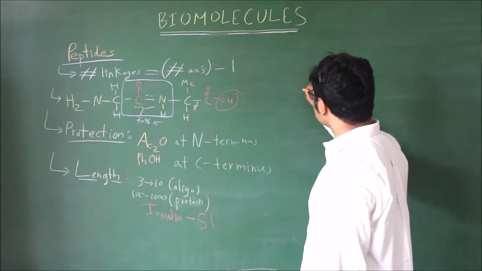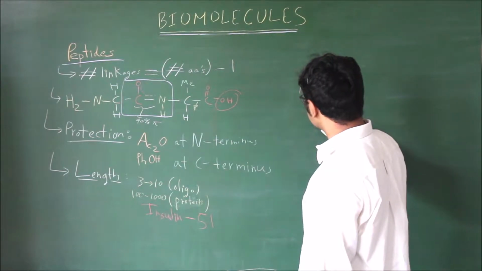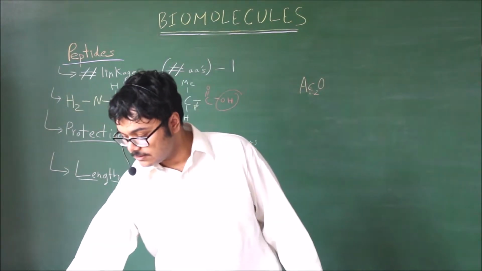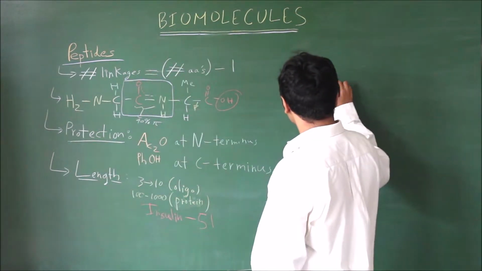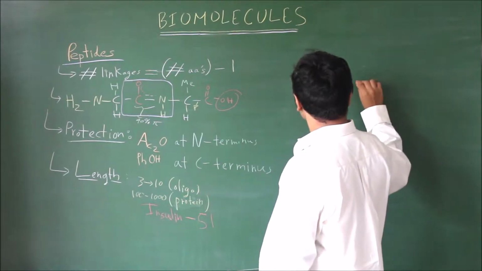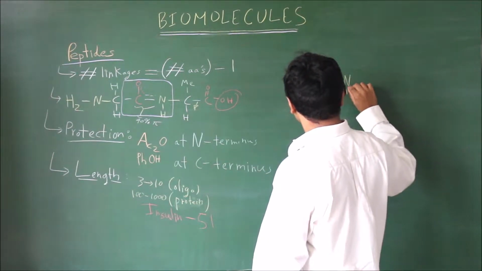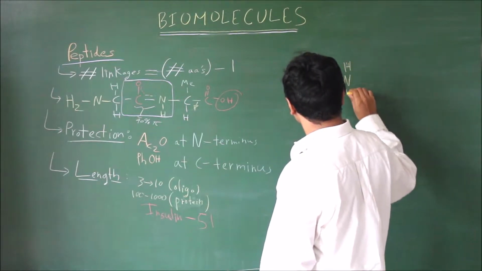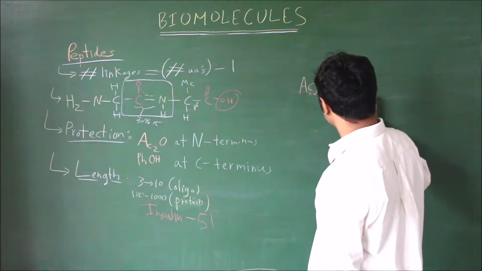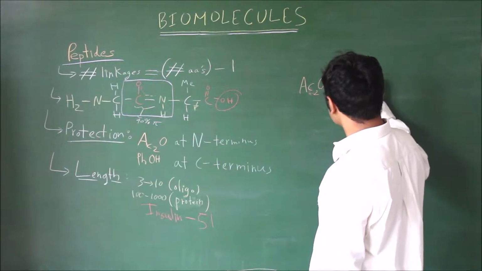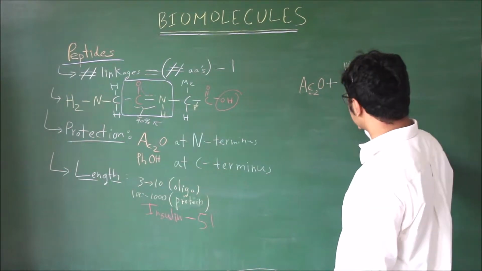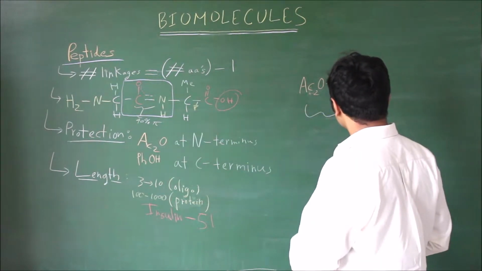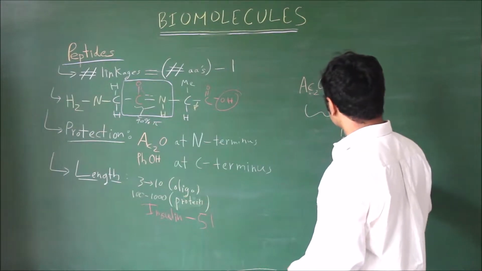When I have acetic anhydride plus an amine group, then we know that what's going to happen is that you will have this.